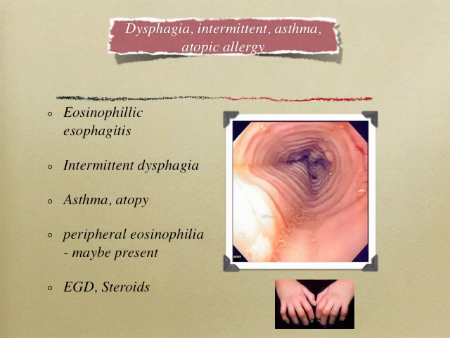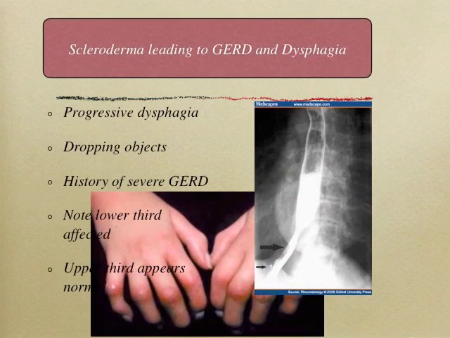Moving along, a rare cause of dysphagia, but the examiners would love to see this one too, which is the patient who has progressive dysphagia from scleroderma. So you might get a patient who for many years has severe GERD that's unrelenting, that fails to respond to therapy, and of late is now experiencing dysphagia.